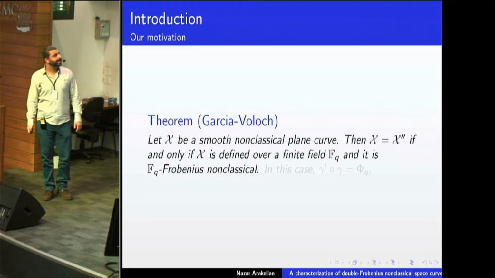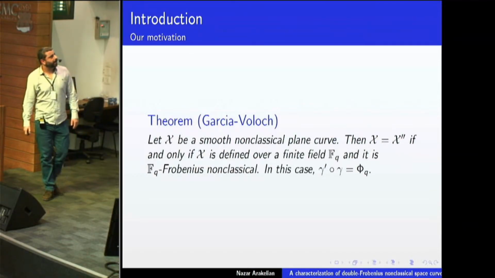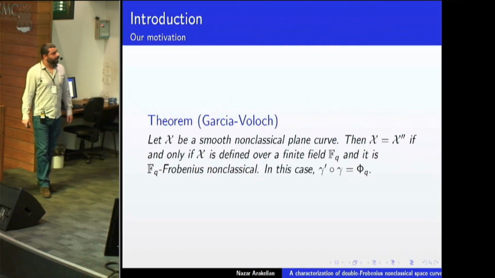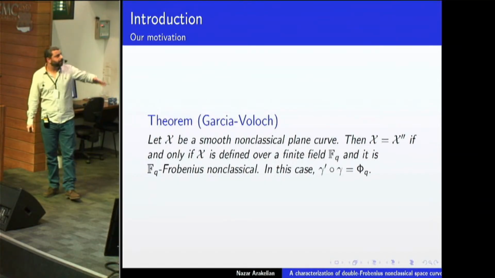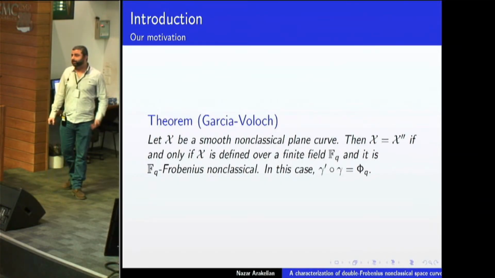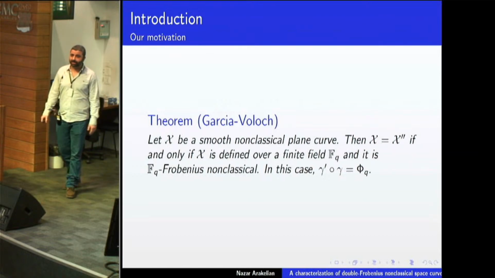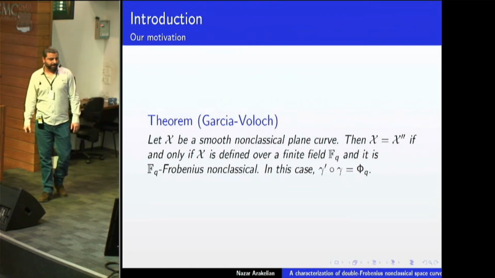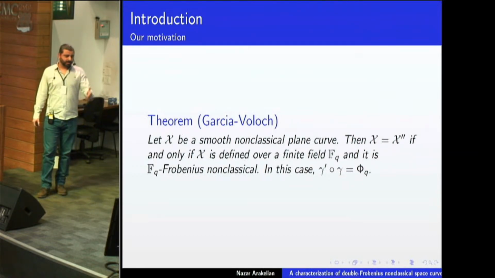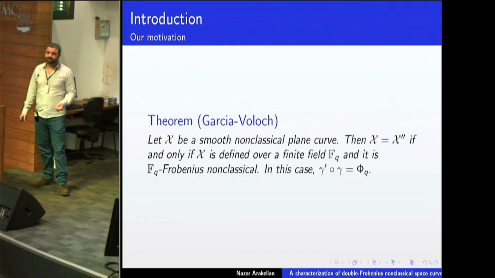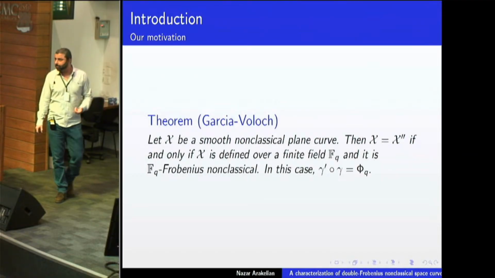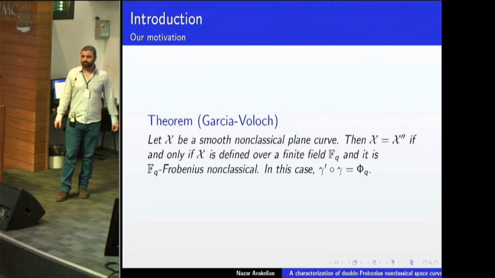And in this case, the composition of the Gauss map of gamma and gamma prime is not the identity map, but it's actually the Frobenius map. And this is our motivation. But as the title of the talk says, we're going to study double Frobenius non-classical space curves.